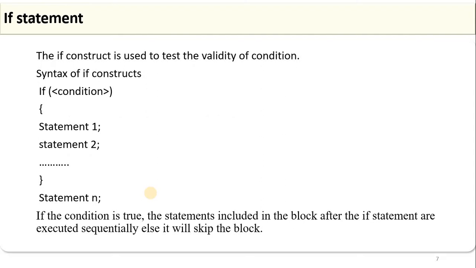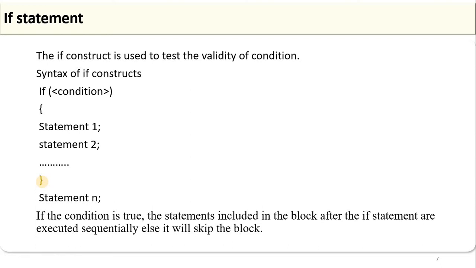So let us see the if statement. The if construct is used to test the validity of a condition. The syntax is: if, then in round brackets the condition, and then the statements. If there is a single statement, then there is no need of left and right curly brackets.